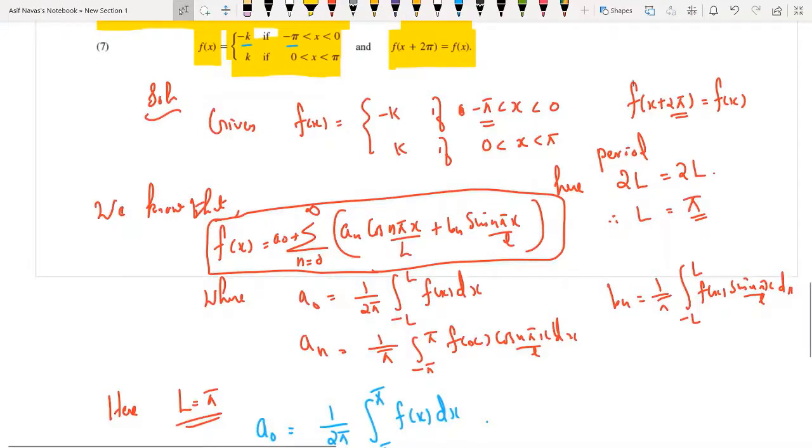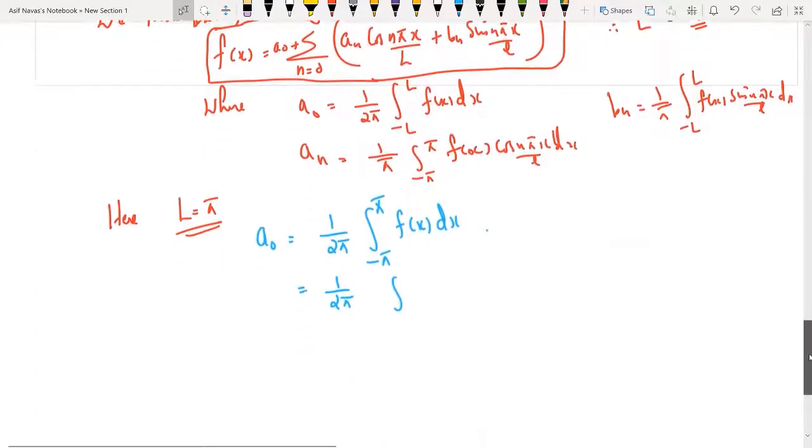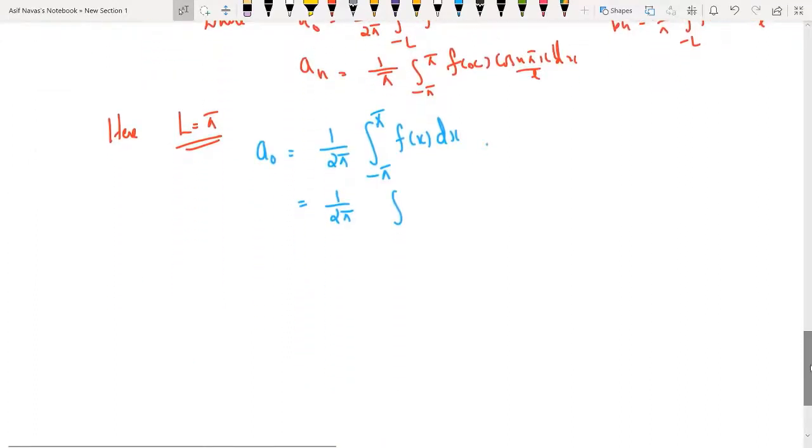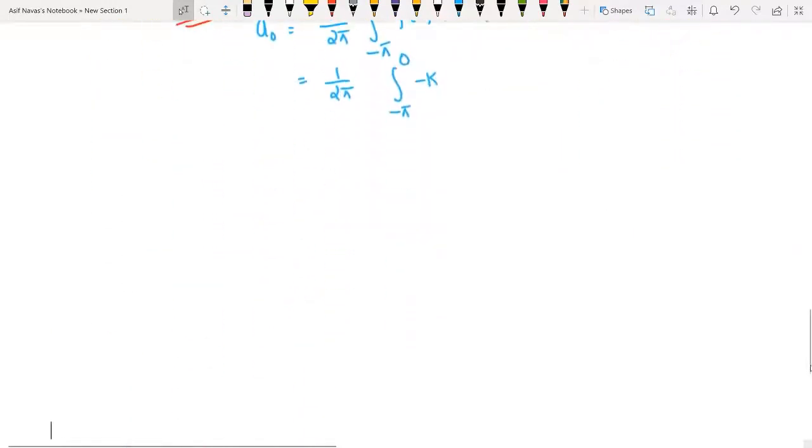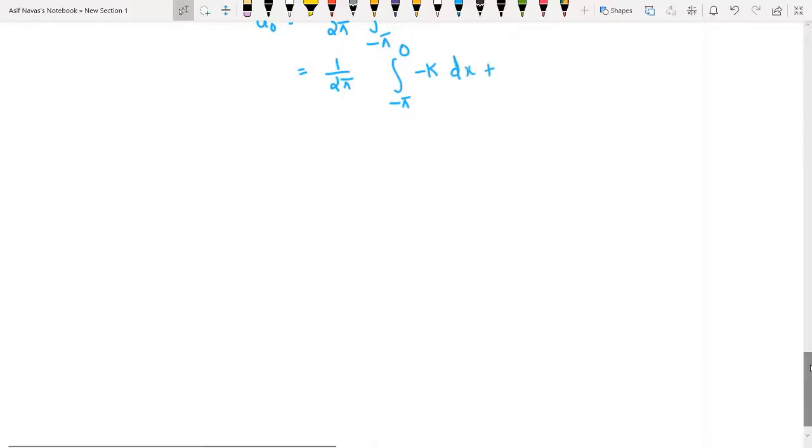So first we will split minus pi to pi. So this is minus pi to 0, where f of x is minus k, right? Minus k dx plus integral 0 to pi k dx.